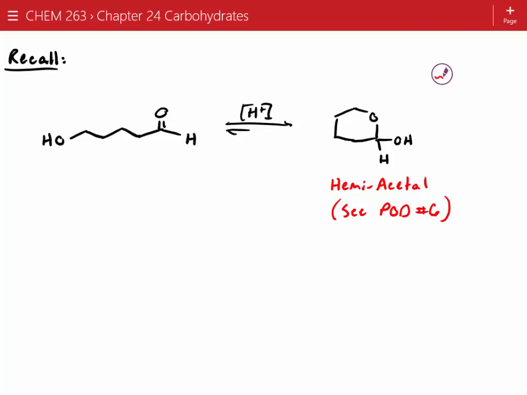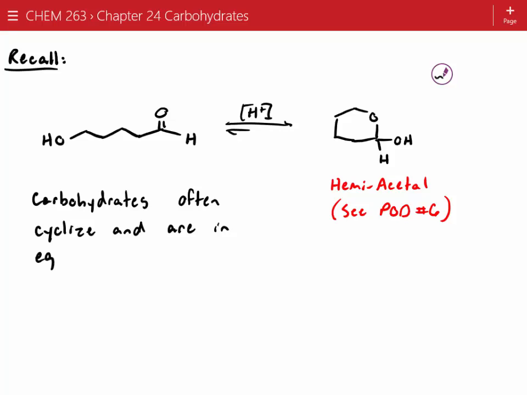But carbohydrates, as we saw in problem of the day number 6, like to cyclize and form hemiacetals, with their hemiacetal form.